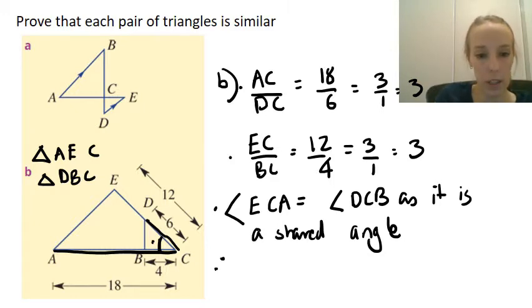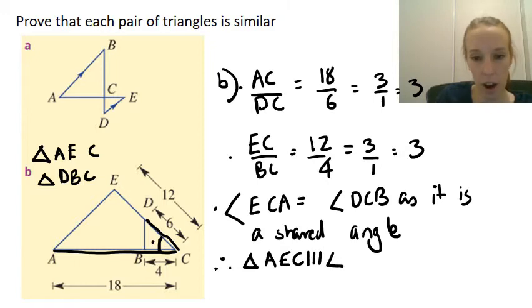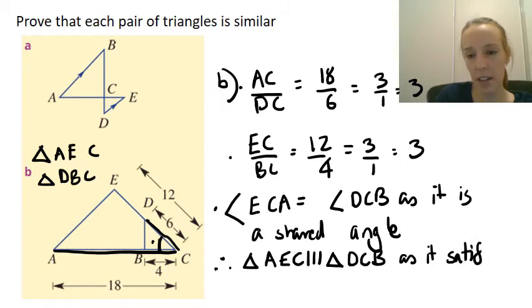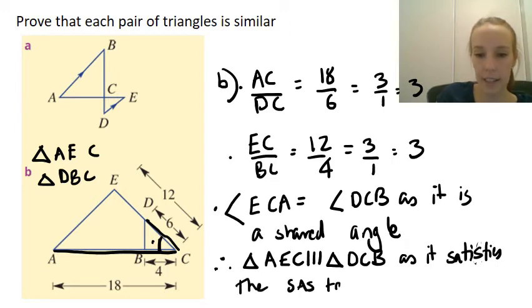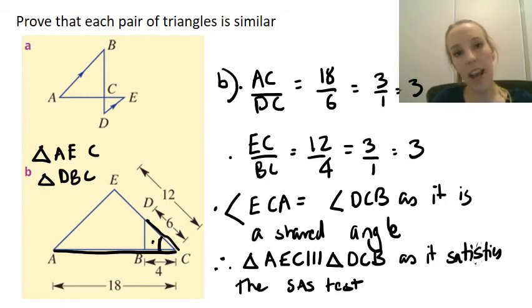So therefore triangle AEC is similar to triangle DCB, as it satisfies the side angle side test. There we go. It's as simple as that.